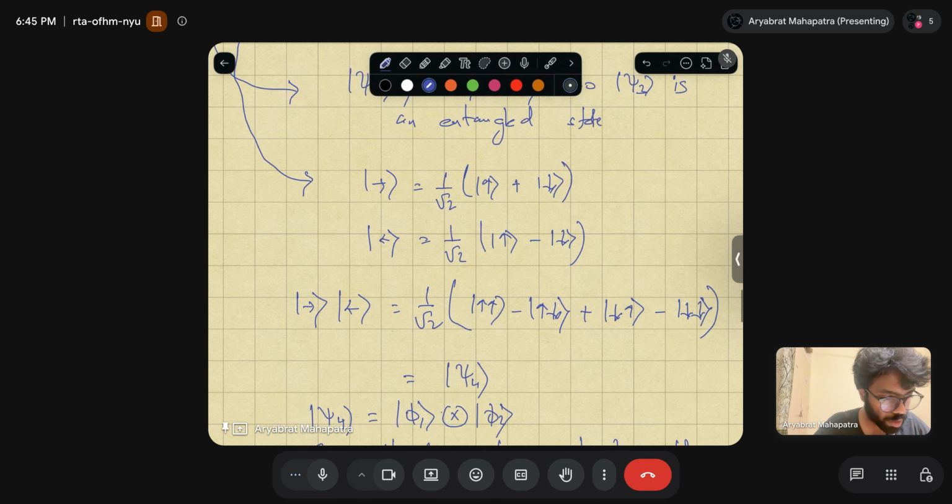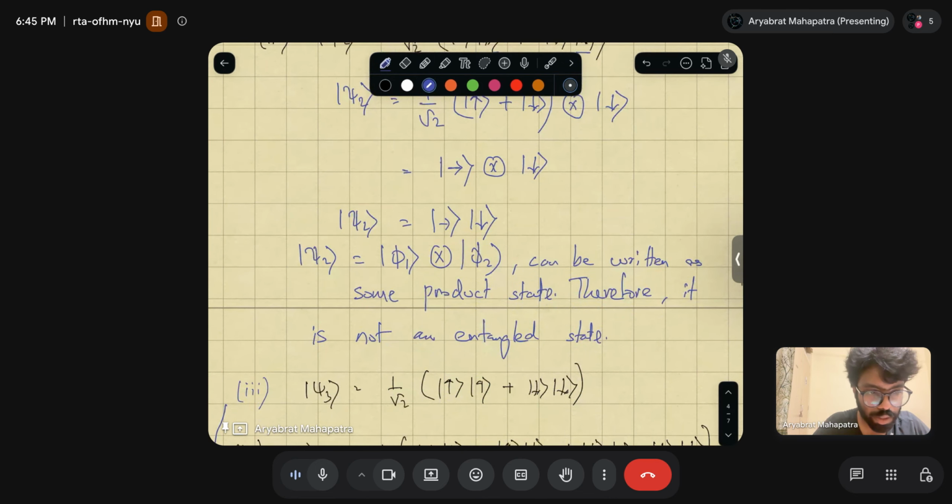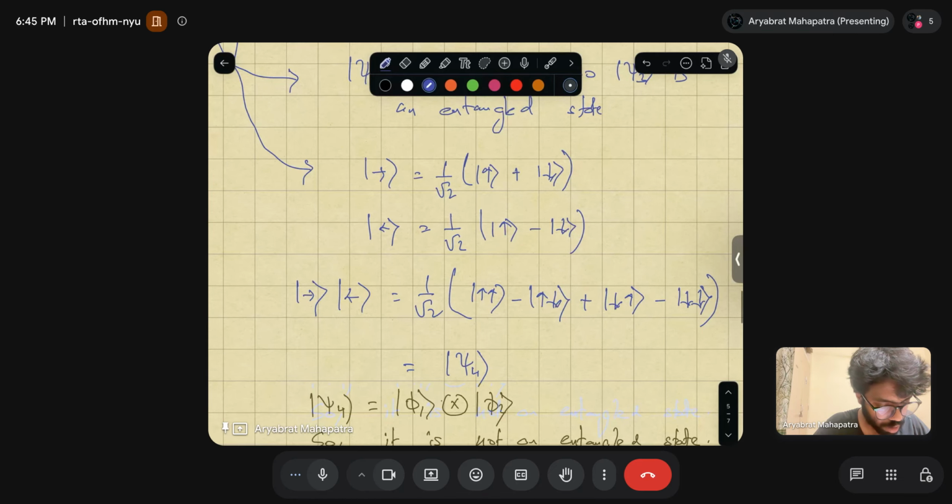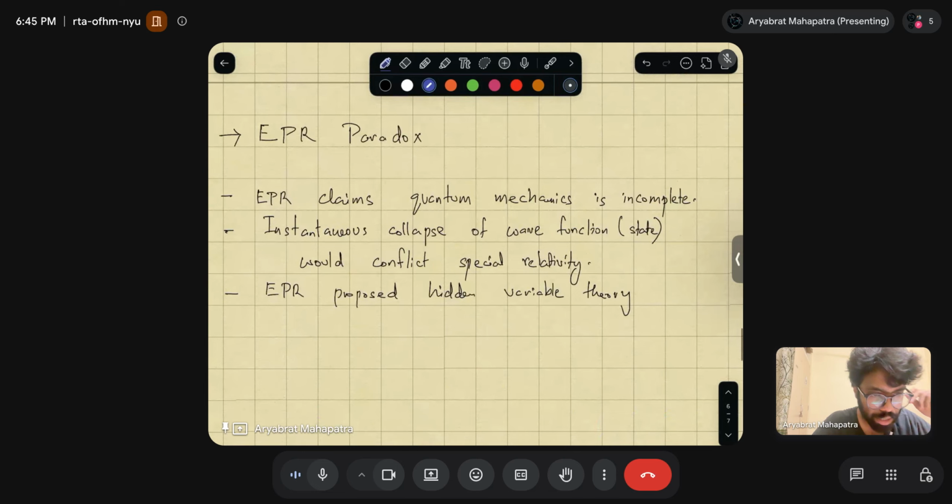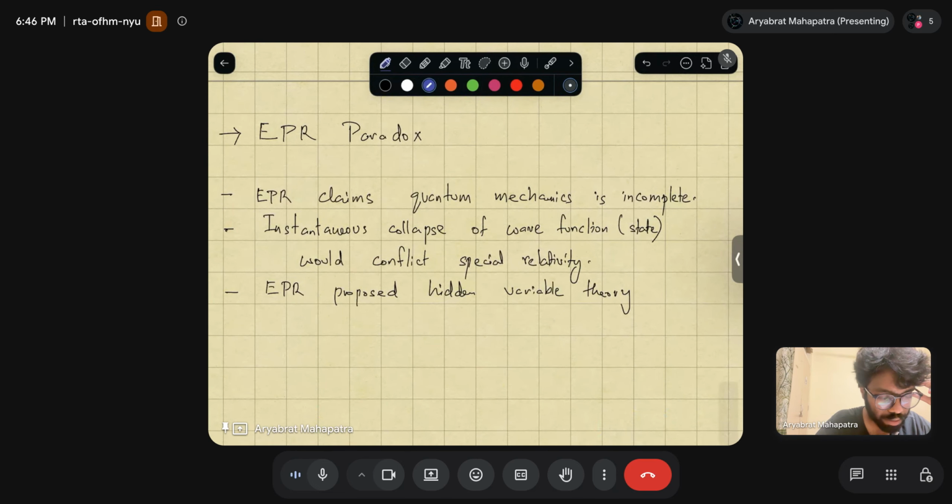Okay, if there is no question right here, then briefly I can highlight what this EPR paradox is all about. You can see even in the lectures it is talked about.